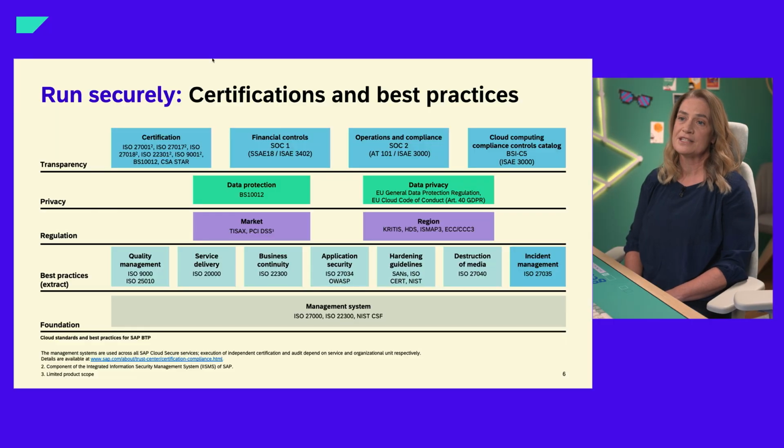So we have some that are regional, like CRITIS, for example, that's the critical infrastructure in Germany. We have market-specific regulations such as PCI DSS, which is the credit card payment security standard. And then we also have things like SOC 2 for operations and compliance. And we have best practices for quality, for example, ISO 9000.